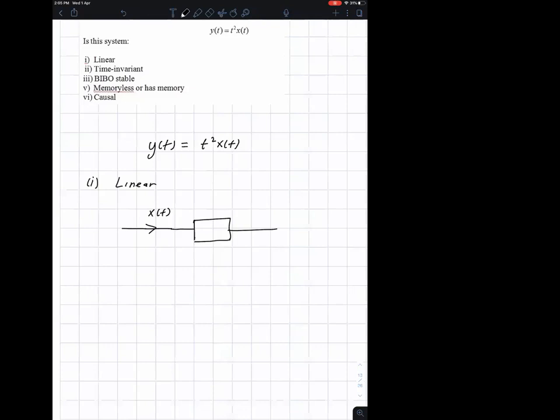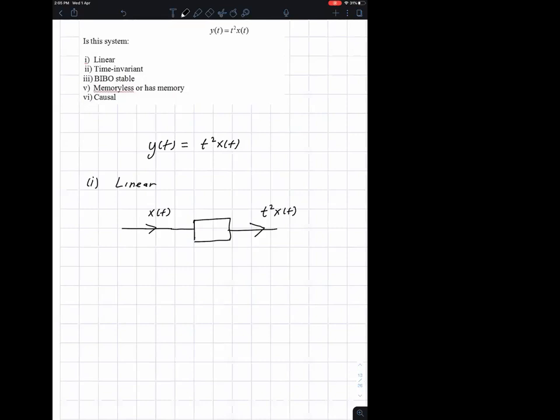It's t squared x(t). If there's an input x(t), the output is t squared x(t). Agree? Yes, sir. Okay.